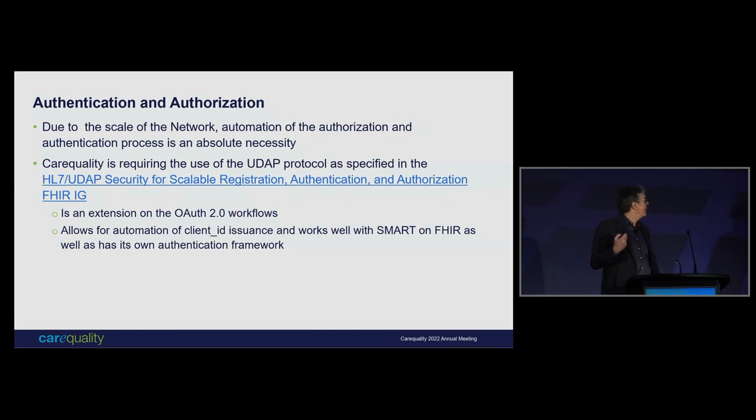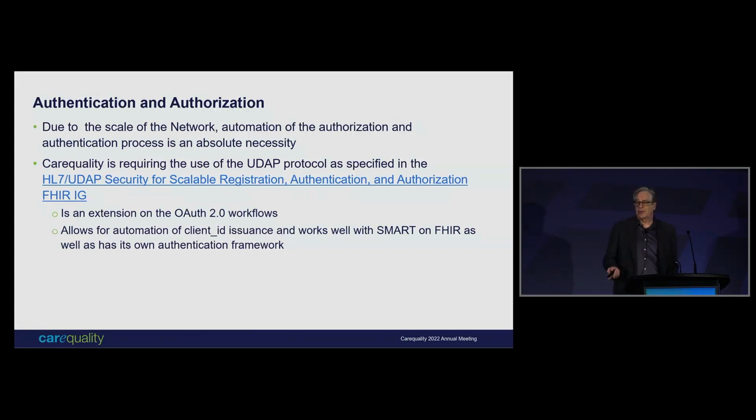So we get together with UDAP, and as part of the FHIR implementation guide, we have required the use of UDAP to connect using FHIR. Now, this is based on the HL7 recently published FHIR IG. There's the long name for it, and it's been published just over the summer at HL7.